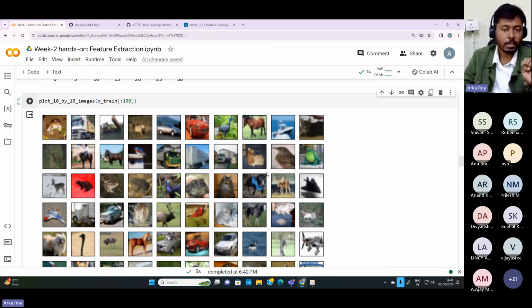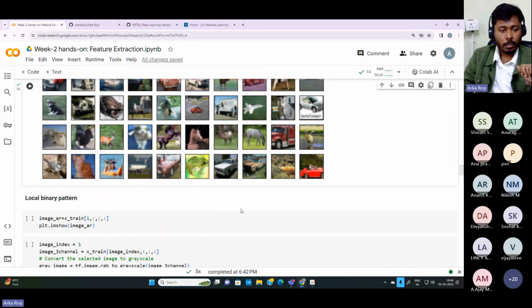So if the model is fed with a low resolution dataset rather than a high resolution one, the model becomes robust. Okay, sir.